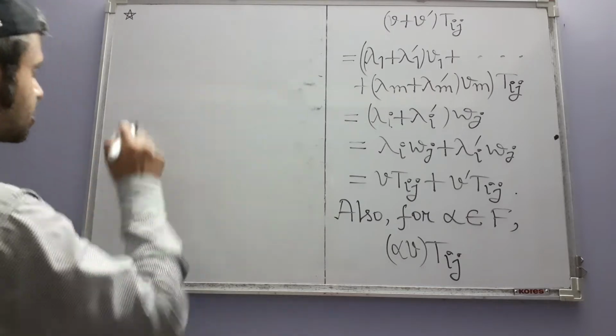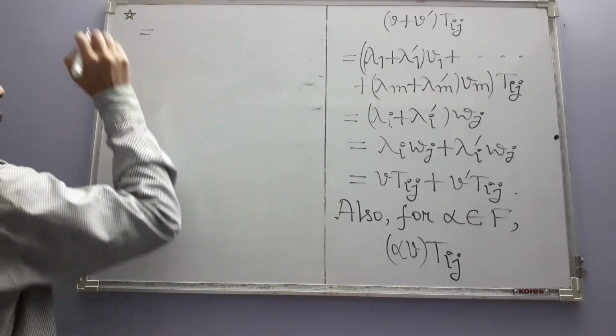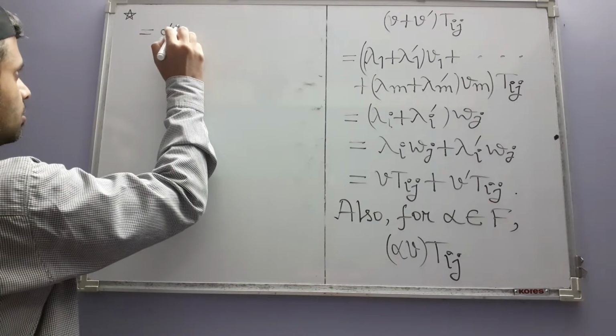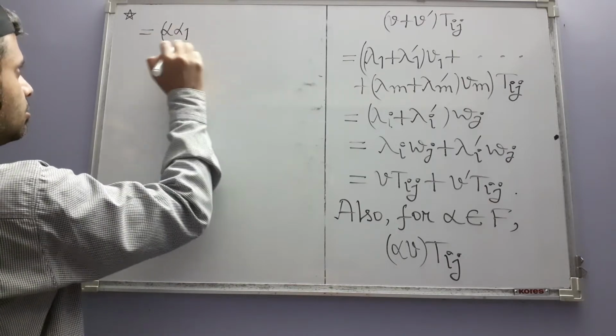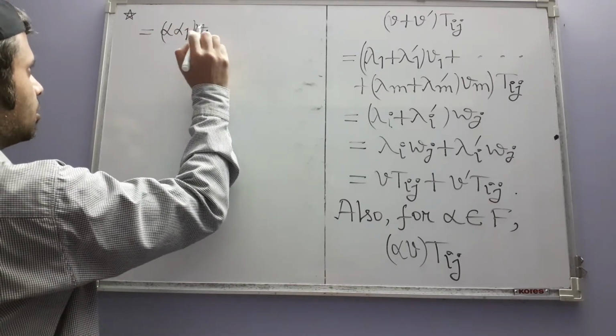Alpha v, from the expression of v as a linear combination of basis vectors, can be easily seen to be equal to this.